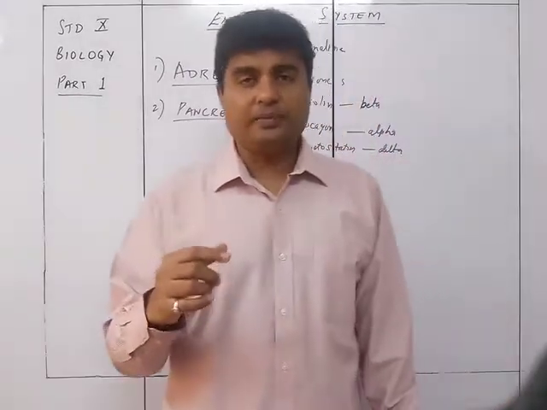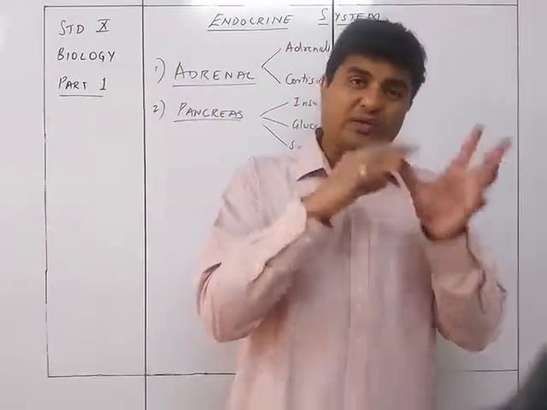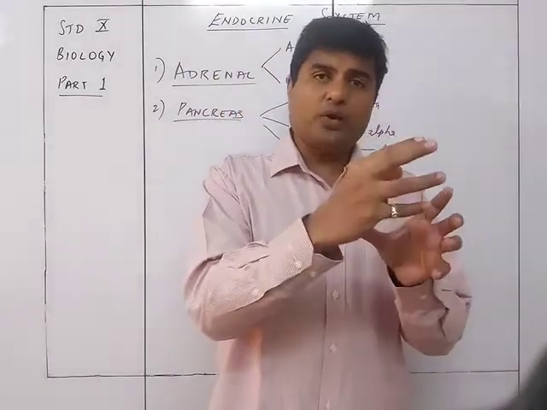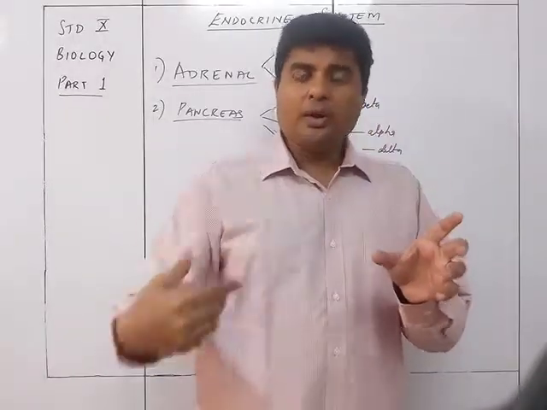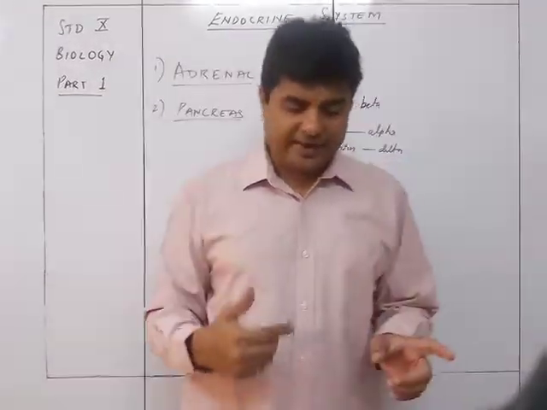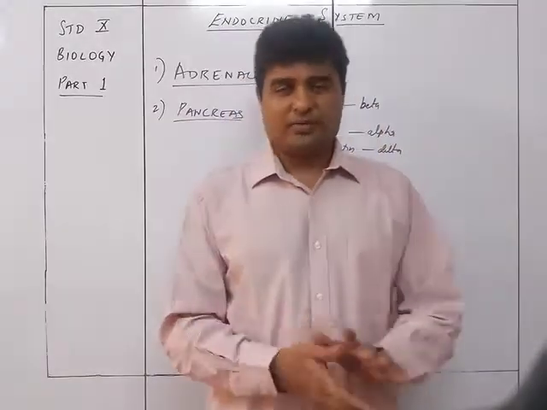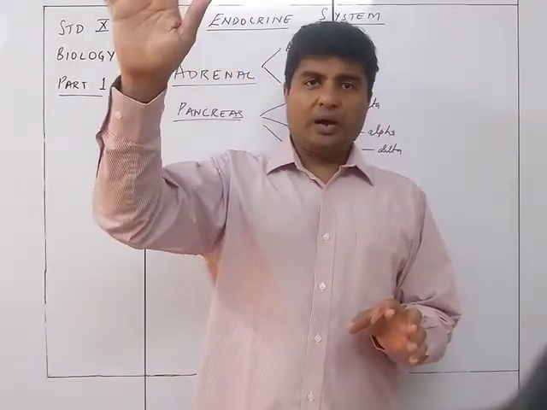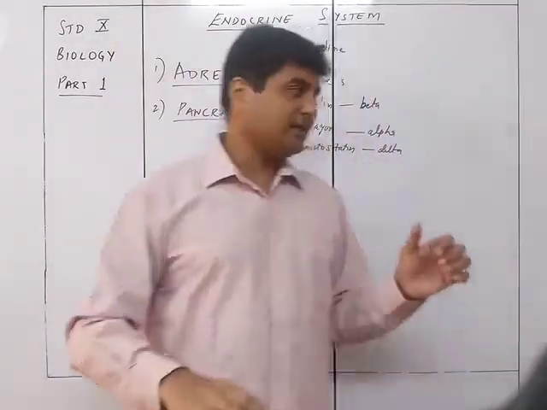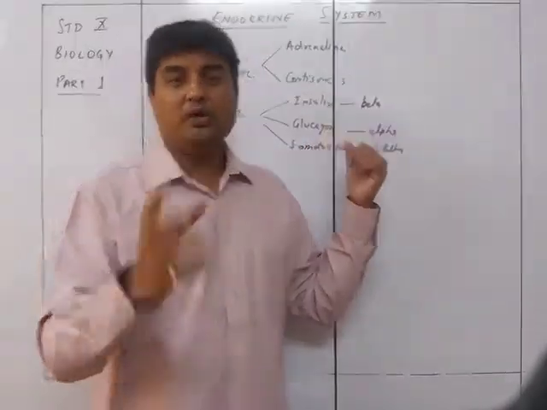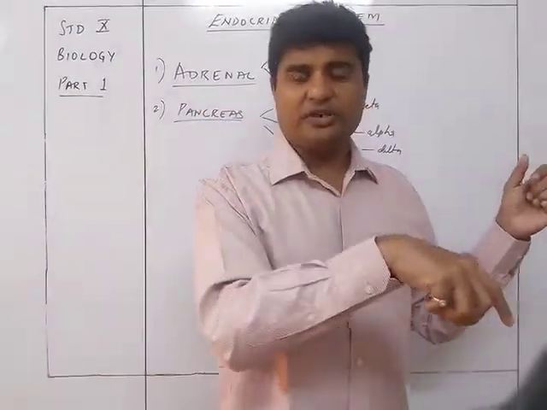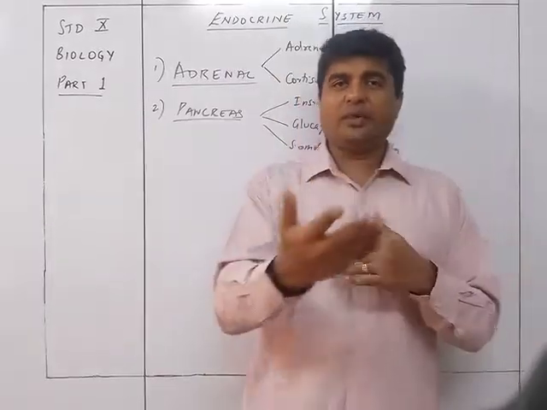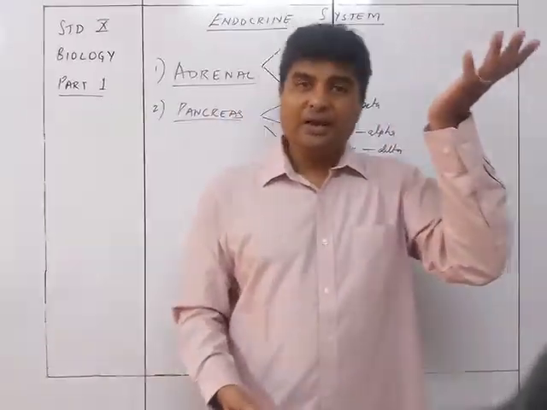The glycogen present in the liver breaks down and is converted into glucose, and hence the blood sugar level rises again.